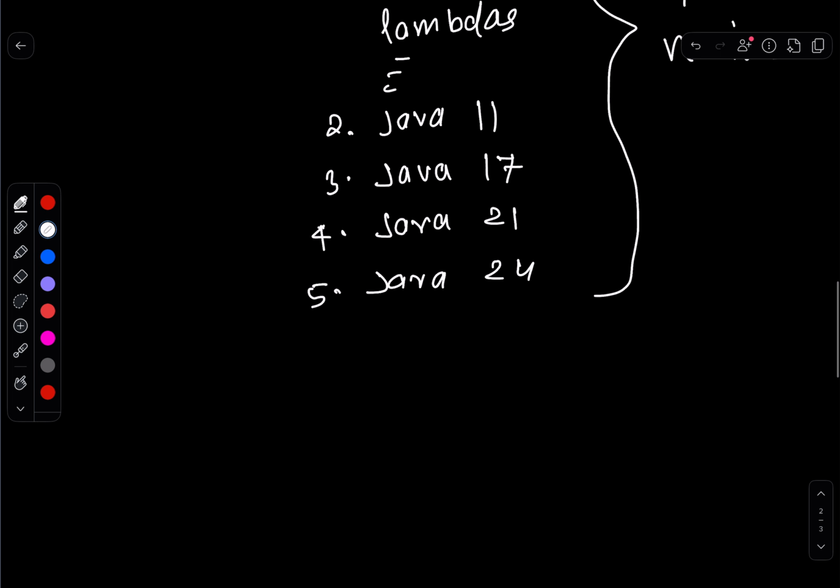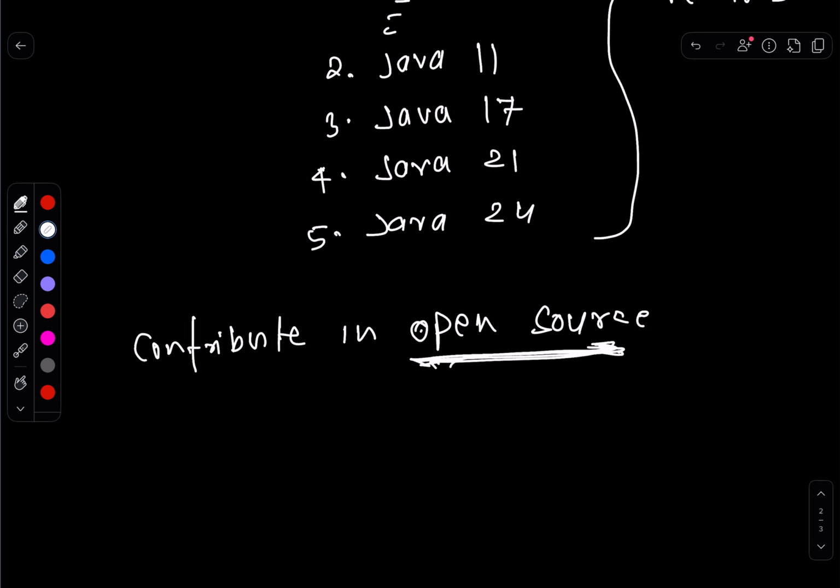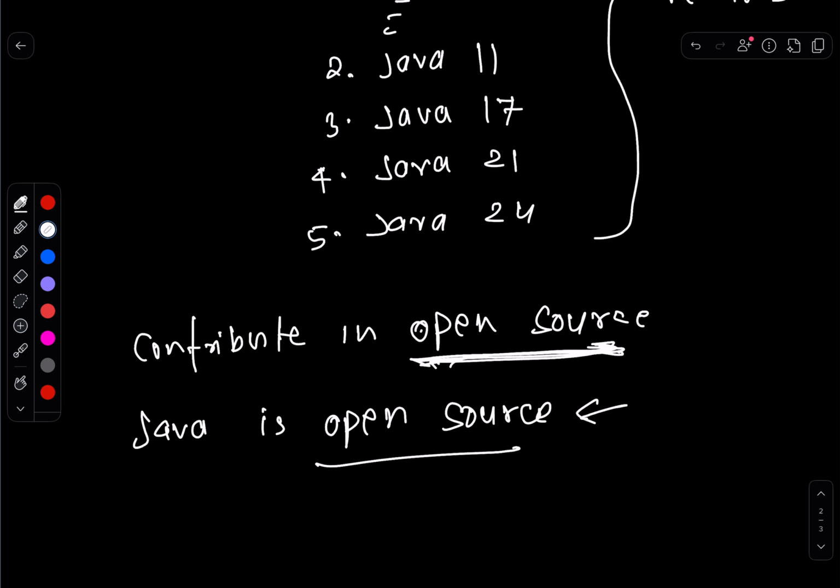Unless you want to contribute to open source. I will let you know how you can do this. Java is open source. So what is open source? When you come up with some idea, like you can add this new feature inside Java, you can contribute.